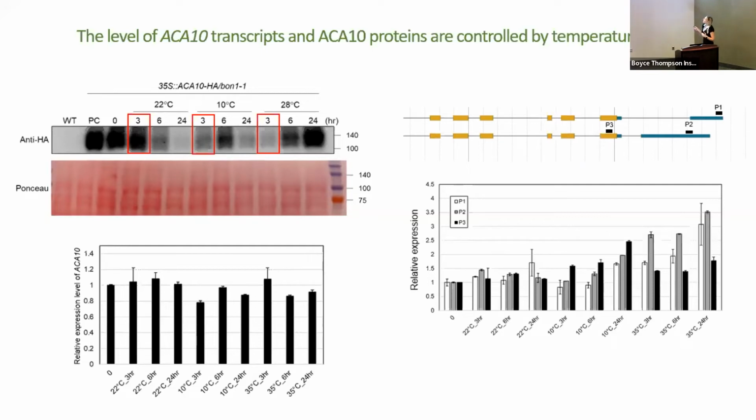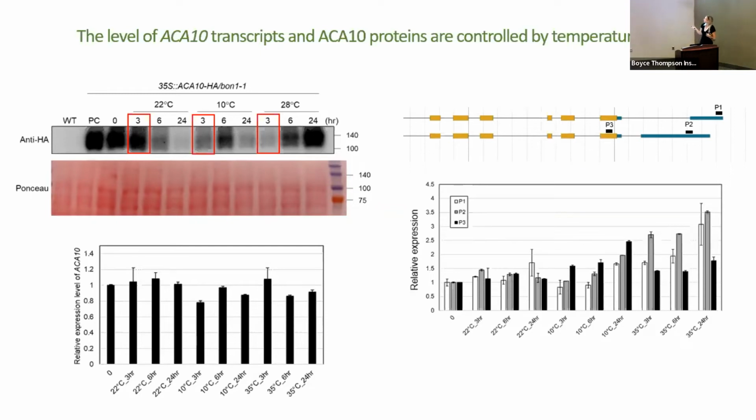And so the anti-HA antibodies are tagged with green fluorescent protein, and stain to display relative protein expression. Looking specifically at my 3-hour marks, what you can see is that protein staining drastically decreases for the temperature extremes other than at 22 degrees Celsius. So this is indicating that in terms of the ACA10 gene in response to temperature, there's some sort of translational inhibition occurring.